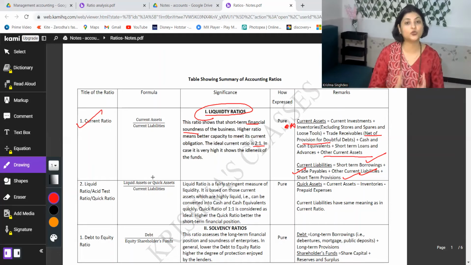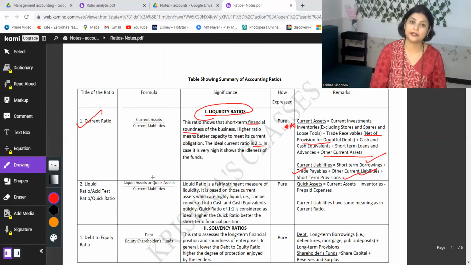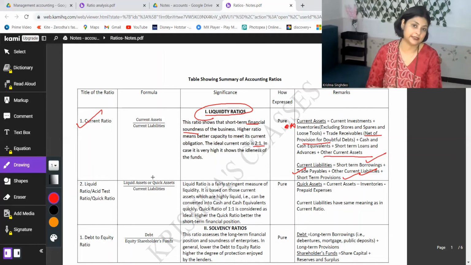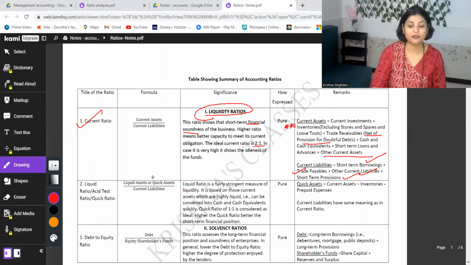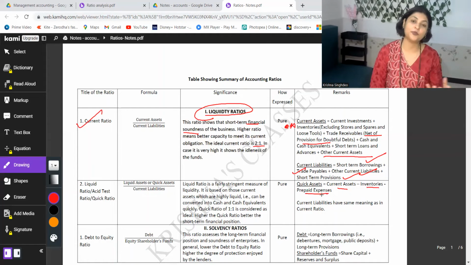That is why these two items specifically, inventory and prepaid expenses, are removed from current assets while calculating quick assets. So what is the formula of finding out quick assets? The formula is current assets minus inventories and minus prepaid expenses. When these two items are excluded from current assets, this is called quick assets.